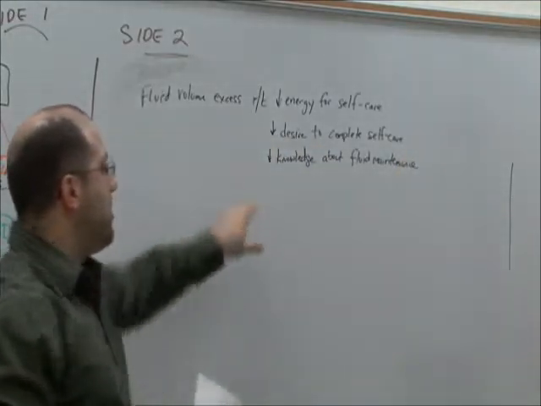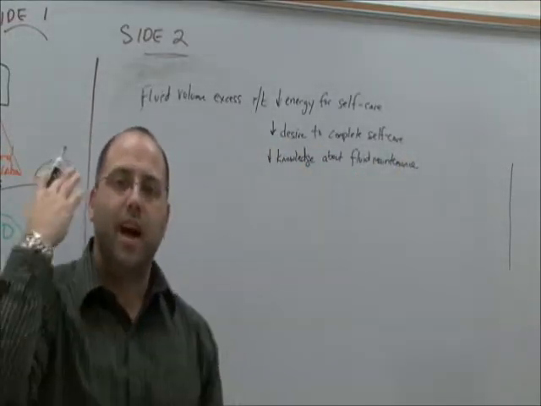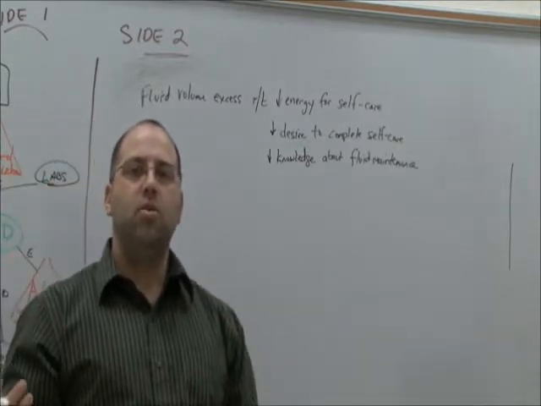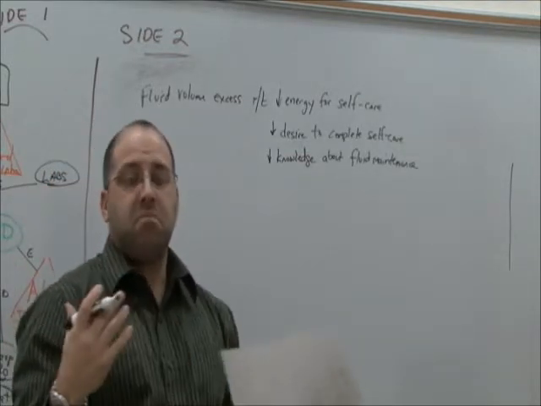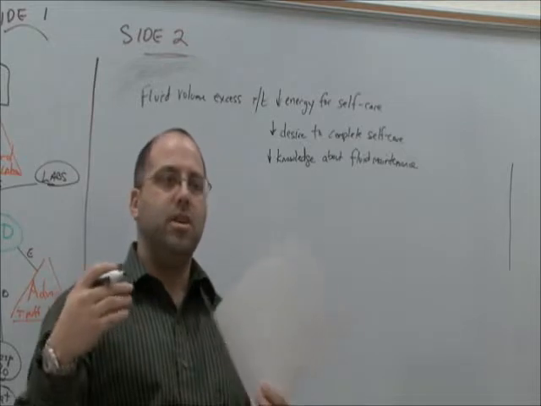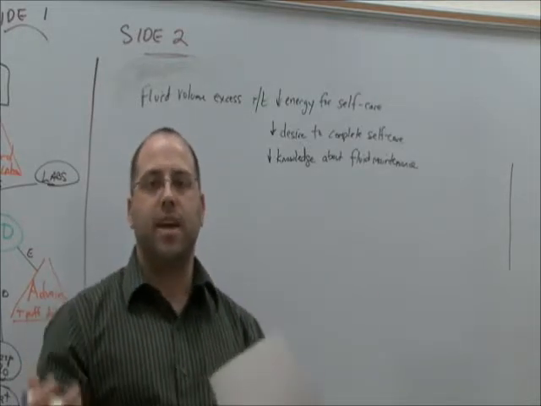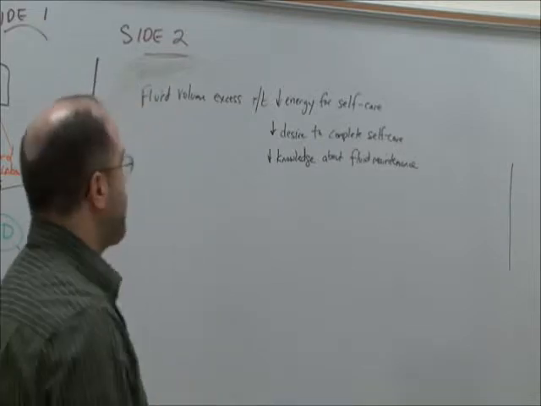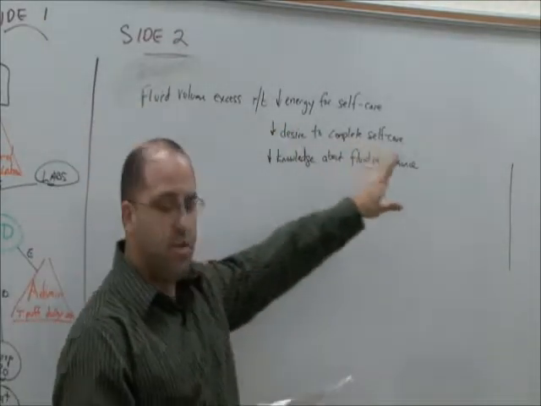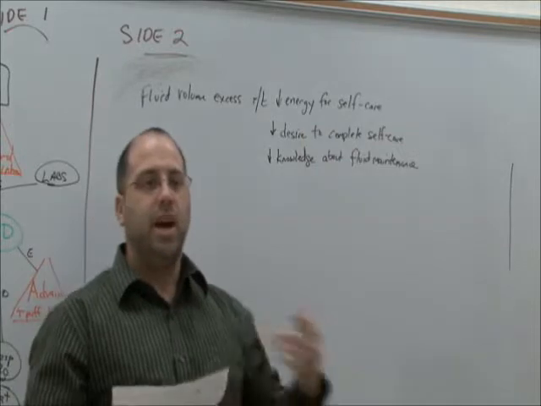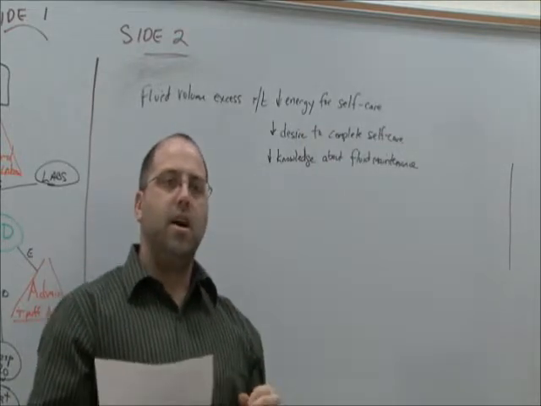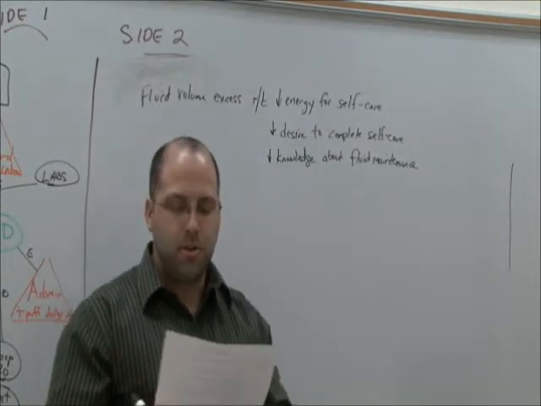Okay? So decreased knowledge about fluid maintenance. Maybe it's a knowledge thing. They don't know how to take care of the edema, how to decrease their sodium intake, how to affect their fluid intake, that kind of stuff. Maybe they just don't know. So these are limitations. You can have 1, 2, 3, probably wouldn't do more than 3. 1 or 2 should be sufficient.